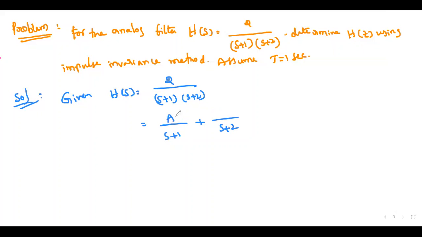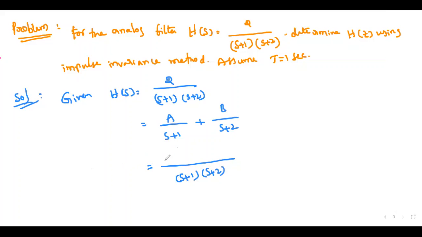A, B. Then tell me what the A and B values are. Please, all of you do it and find these partial fractions, these constants A and B. Take the LCM. I'm doing it, but I'm not telling you to copy it. You do it on your own.